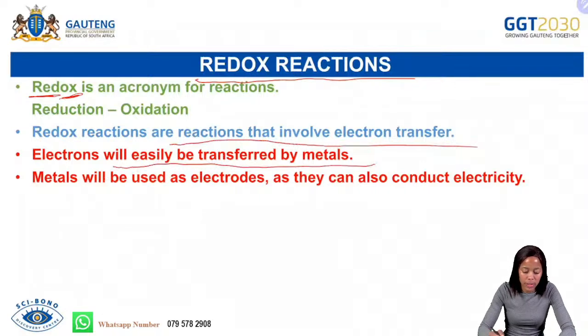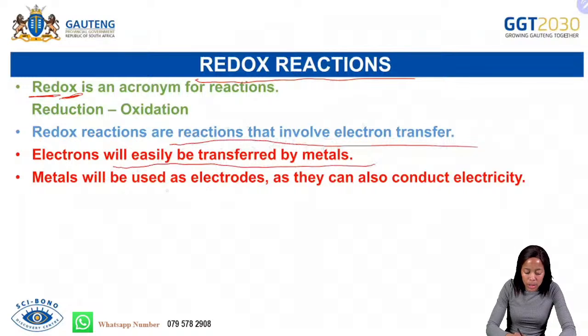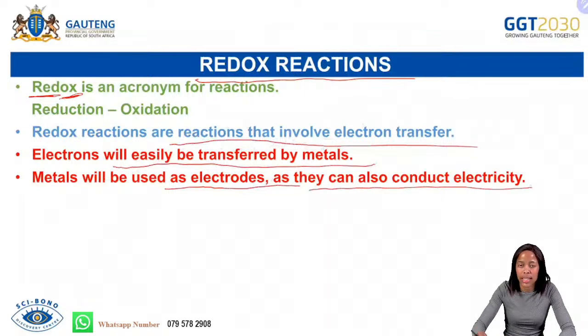So if the metals are transferring the electrons, it means that the non-metals will be the receivers of the electrons. Metals will be used as our electrodes, as they can also conduct electricity.